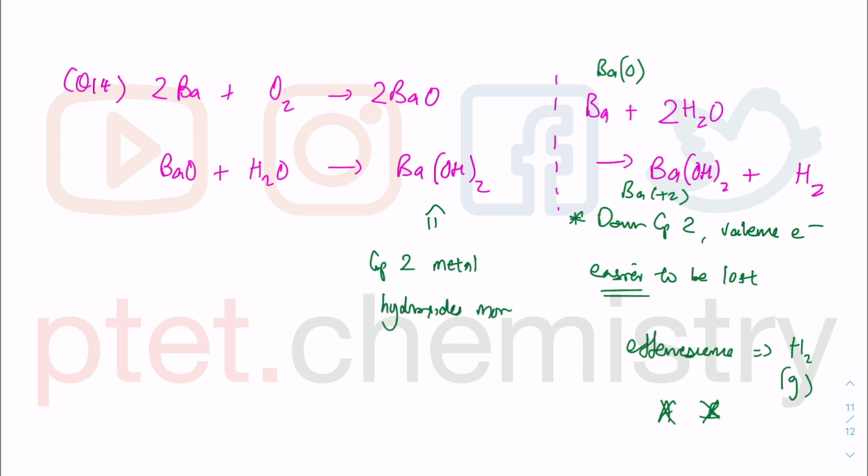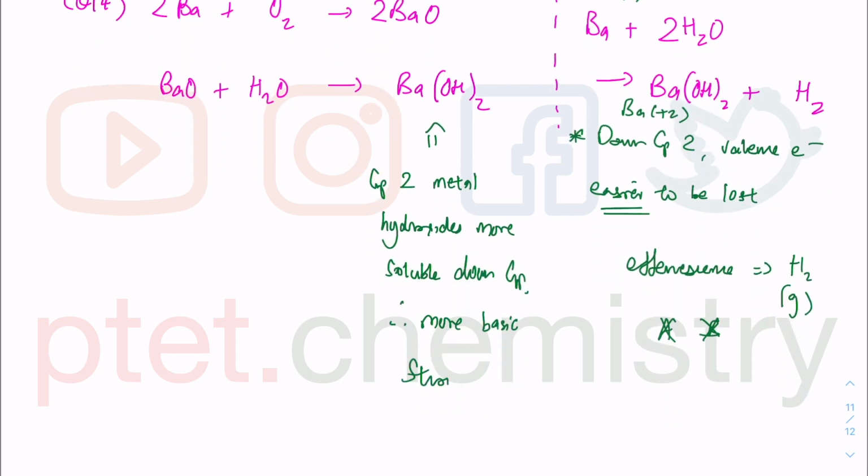They are more soluble down group 2. If they are more soluble down the group, therefore they are more basic or more alkaline. So it's going to be a strong base. So we're looking at pH 13, pH 14. So really we are looking at option D as the answer.